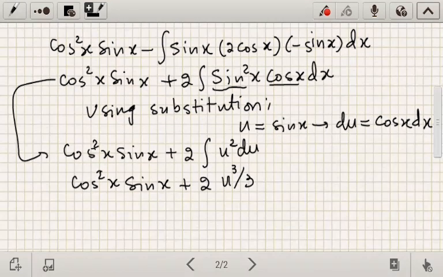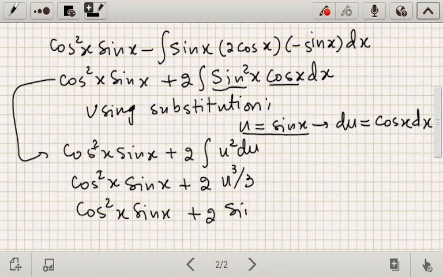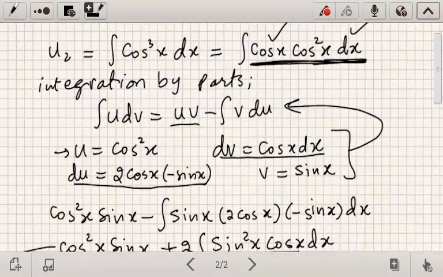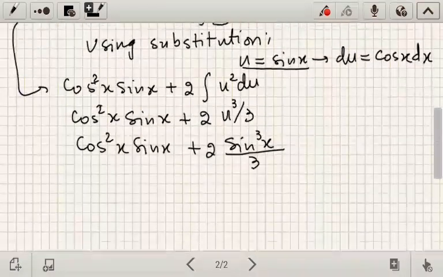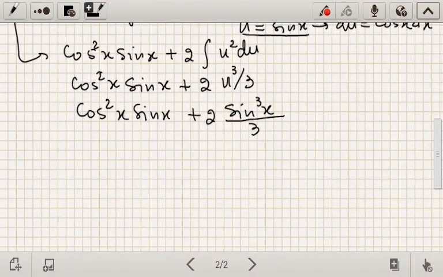Reversing the substitution, because we chose u as sine x, we're going to have sine cube x divided by 3. So up to this part we are really good. We have solved the integral of cos cube x up to this point.